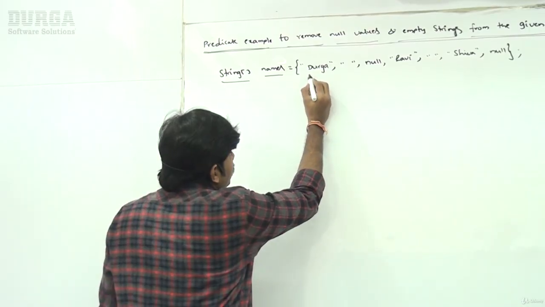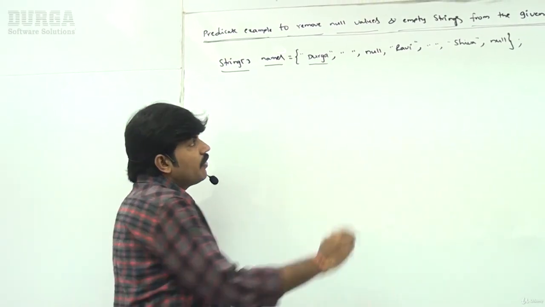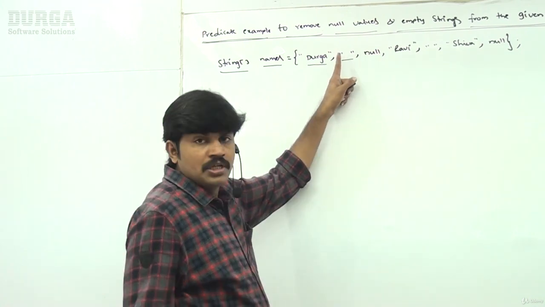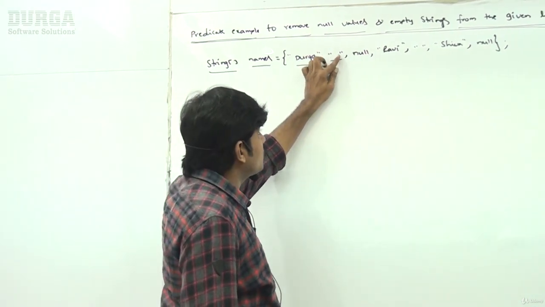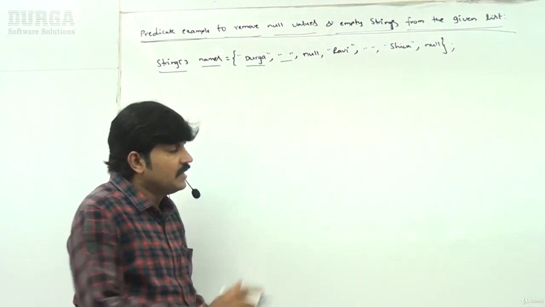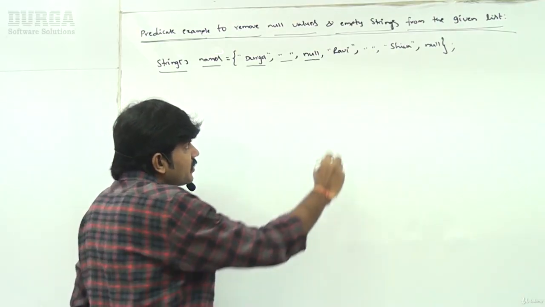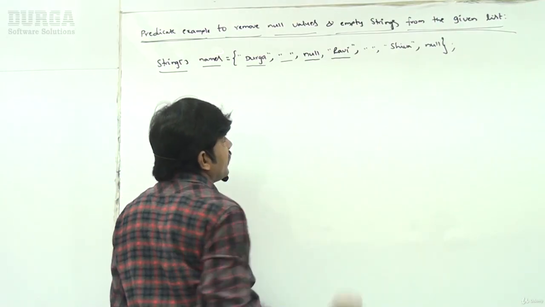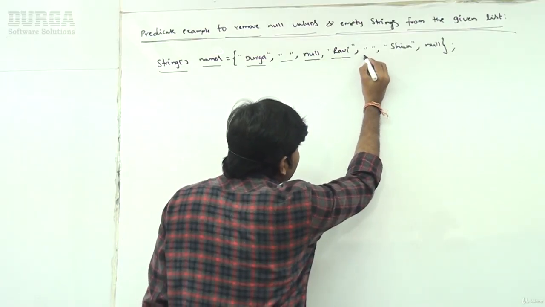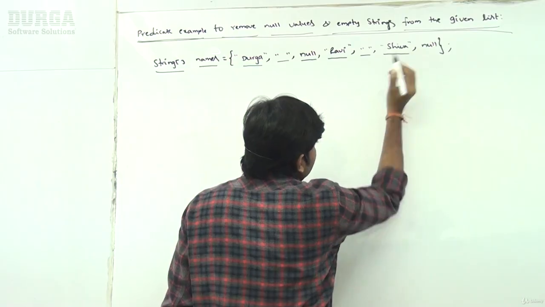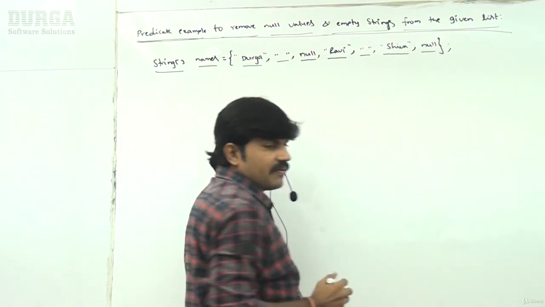The first is Durga, one string, but the second one is an empty string, just double quotes open and close, not even a space. Next, the third one is null. Next, the fourth is Ravi. Next, again an empty string is available. And then a valid string Shiva, and again null is available, right?